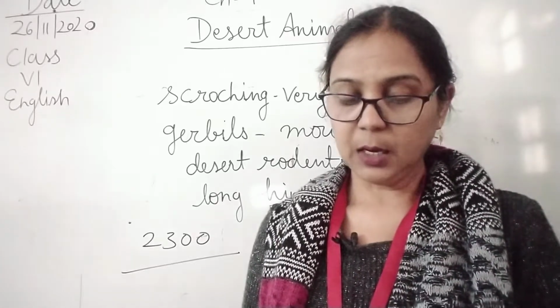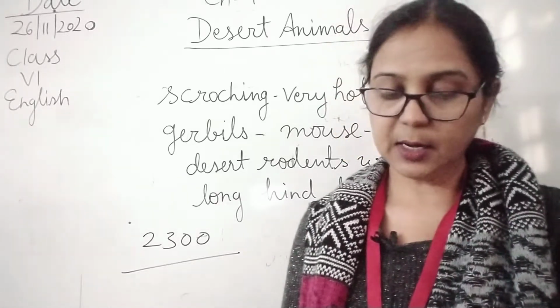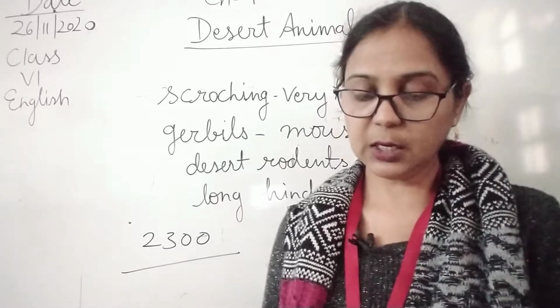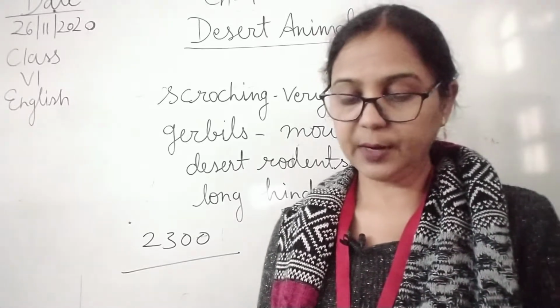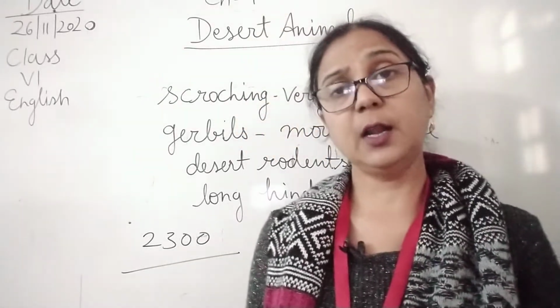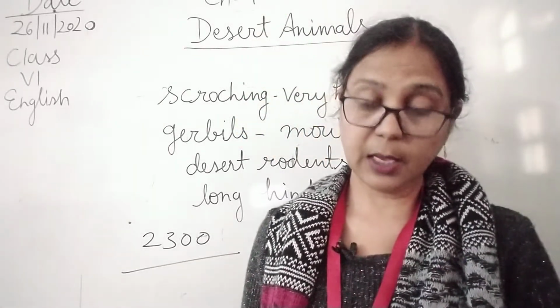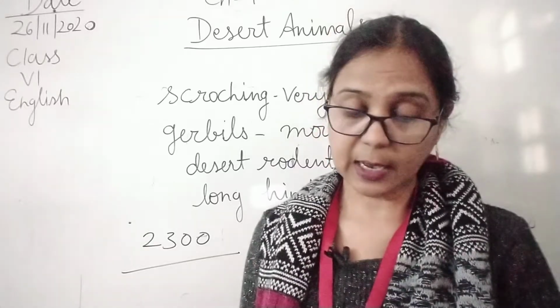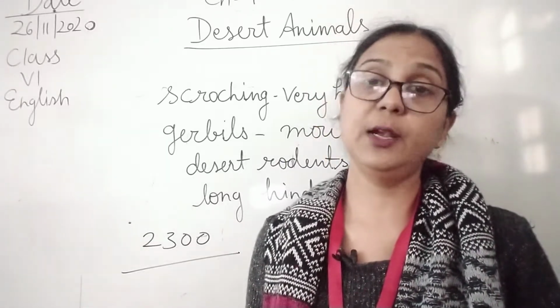So children, they live right across the American continent from Canada to Argentina. As we are talking about the rattler snake, their habitat, you can say, is the American continent from Canada to Argentina.